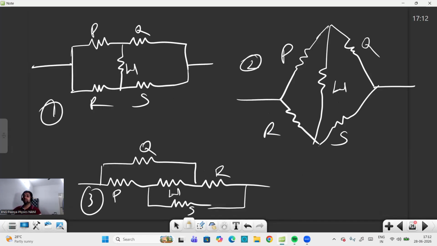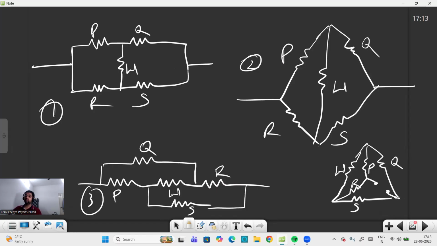One more way, it is like this also. So here also we can say that P, then Q, then R, S, and W.